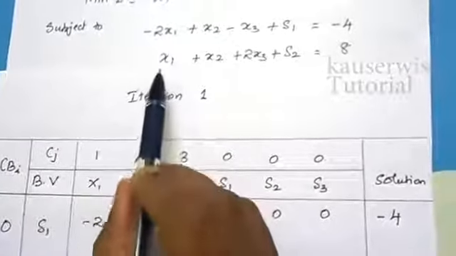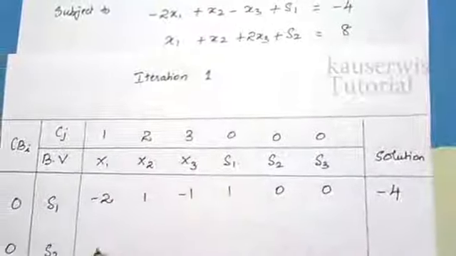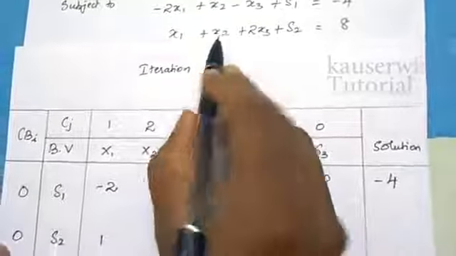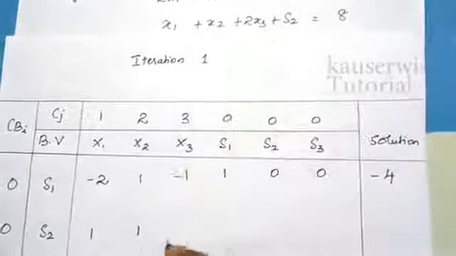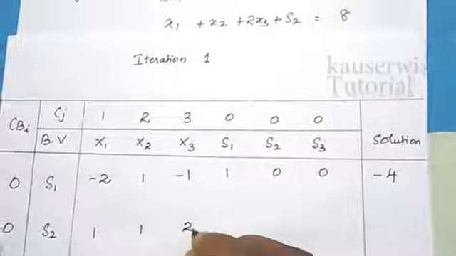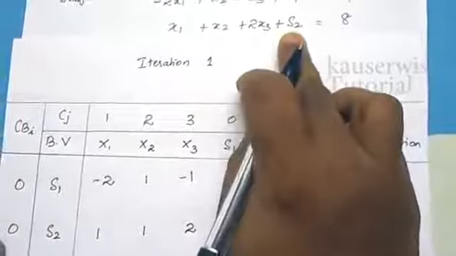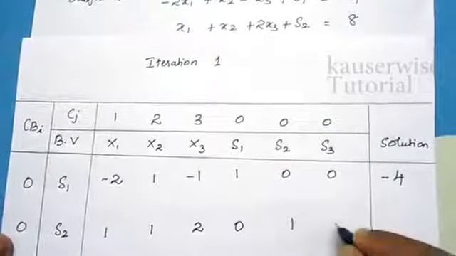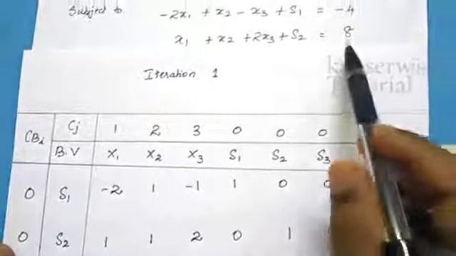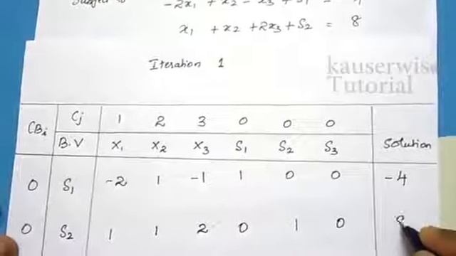Look at the second constraint: x1 is plus 1, x2 is plus 1, x3 is plus 2, and slack variable s2 is there. So for s2 it is 1, and for s1 and s3 it is 0. The solution is 8.